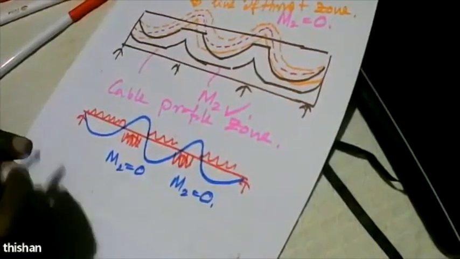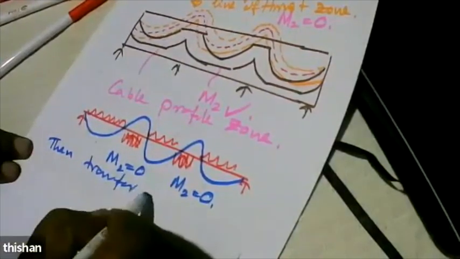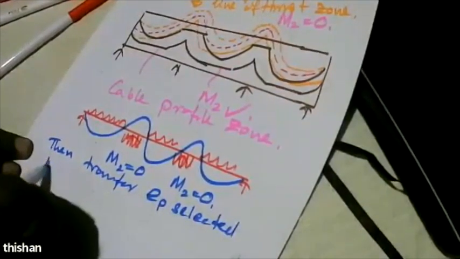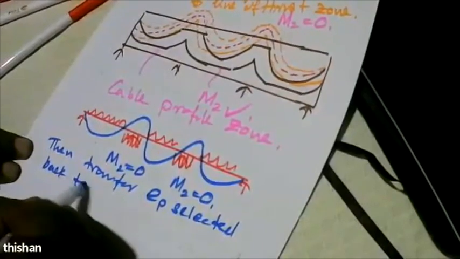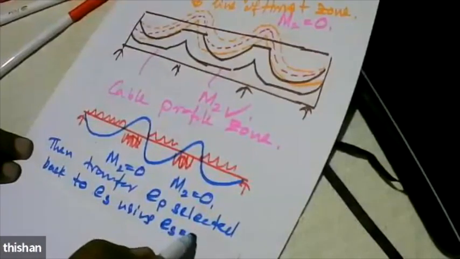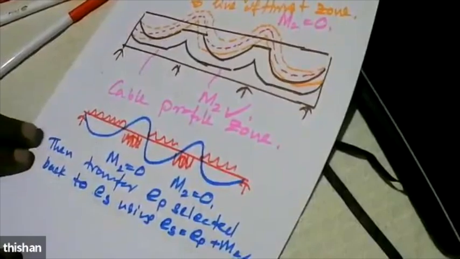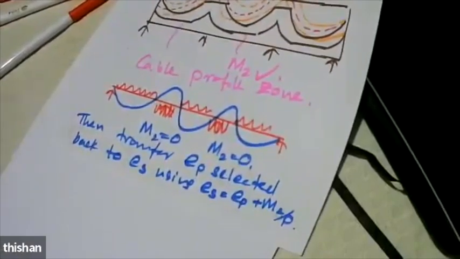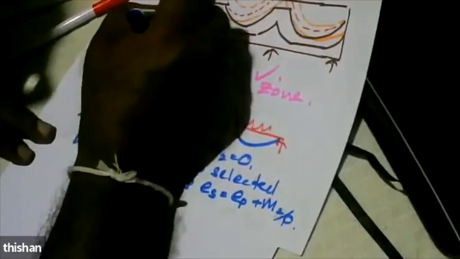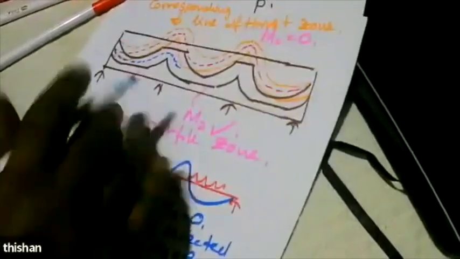Then what will I do? Then transfer the selected EP back to ES using ES is equal to EP plus M2. You bring it back, and the moment you bring it back, you will get a new diagram like this.